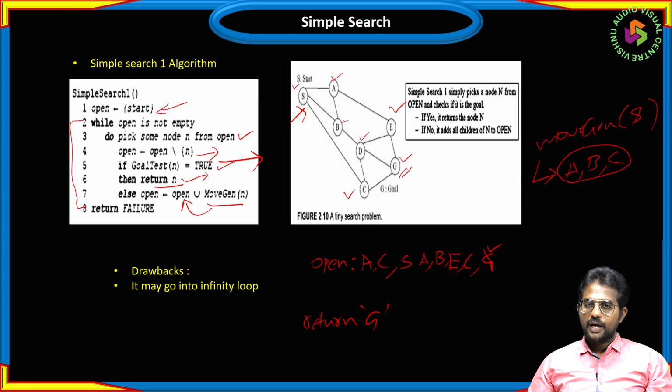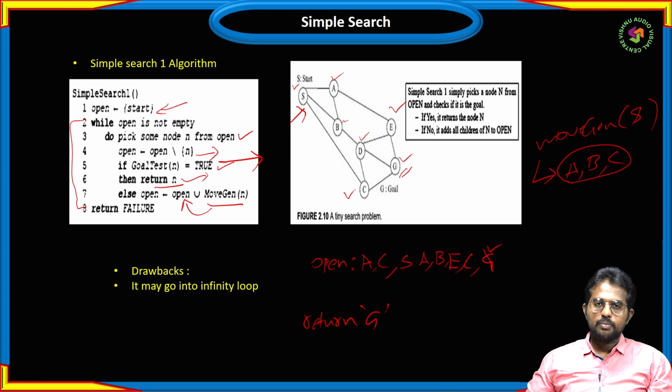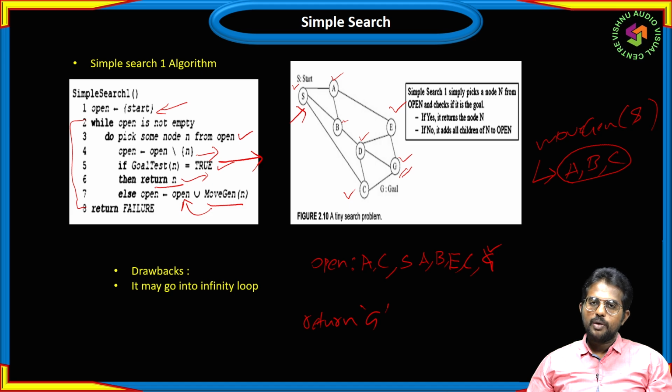Every time I pick a node from open, if it is not a goal node, I apply the moveGen function on it. But some elements may already have been processed, and we don't have any data about which nodes we have already tested and found false.